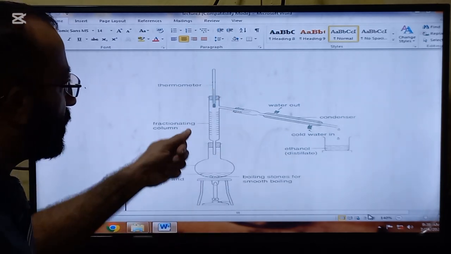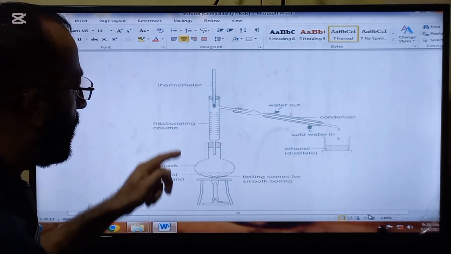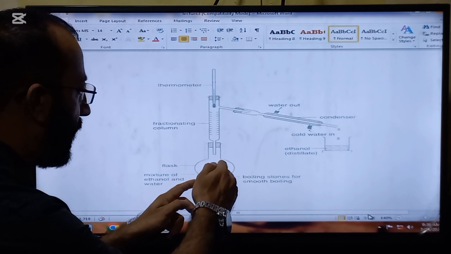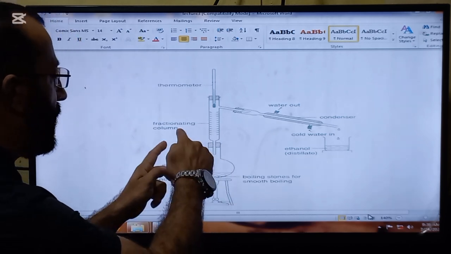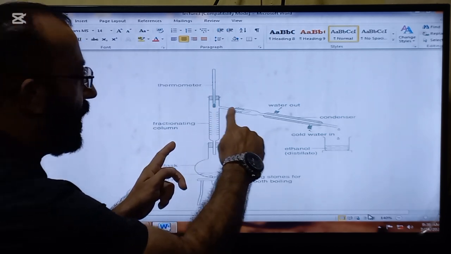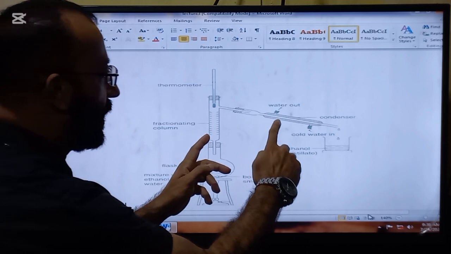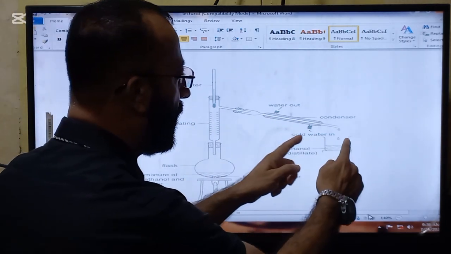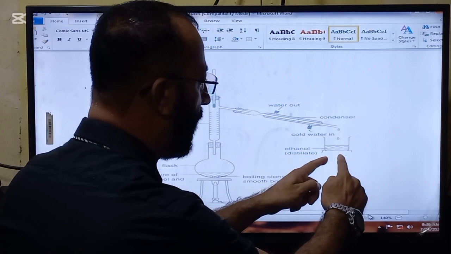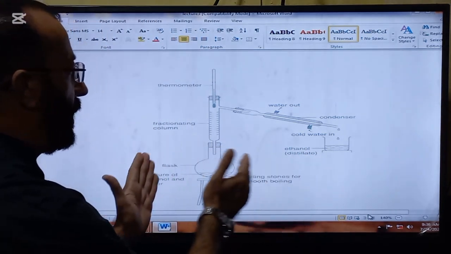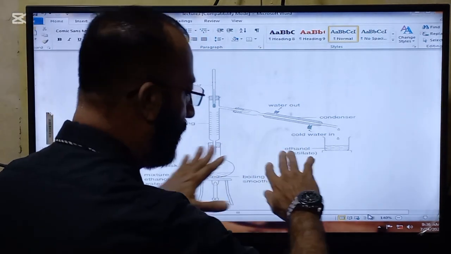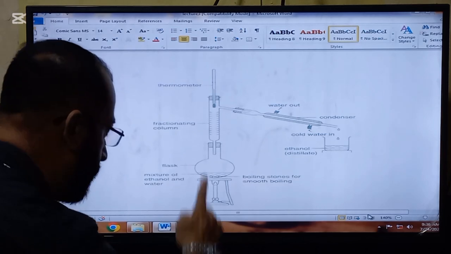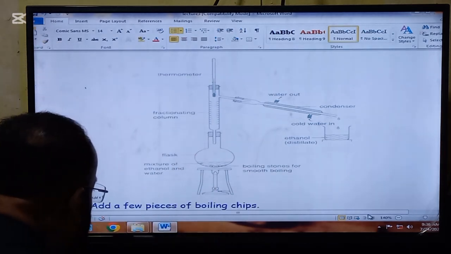So when the temperature becomes 100 degrees C, the water will boil now and the vapors will go through the fractionating column into the condenser, and again the vapors will be converted into liquid and that will be collected in the collecting vessel. So this is how the ethanol and water will be separated from each other through fractional distillation.